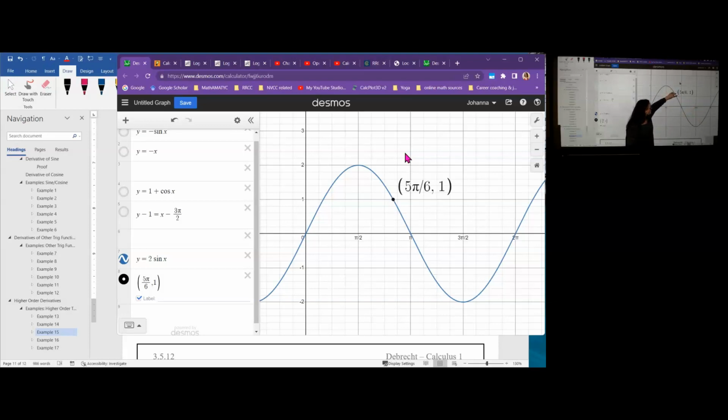This one is speeding up after being stopped until it reaches the inflection point, and then it will start slowing down as it approaches the next location where the velocity is 0.